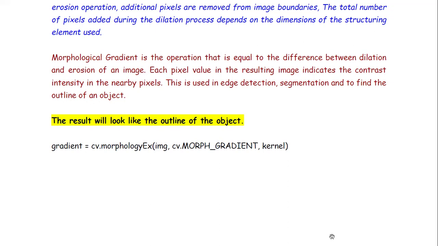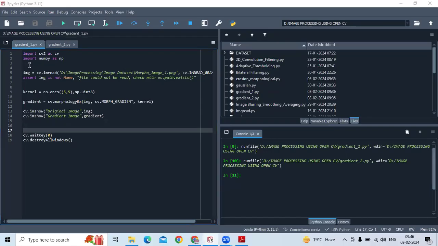Now, let's come back to the code again. Look at the code very carefully. If possible, take a screenshot of this program. import cv2 as cv, as we are importing OpenCV as the instance cv. Then import numpy as np, because we have to define the kernel, so that we can perform array-based operations with the help of numpy.